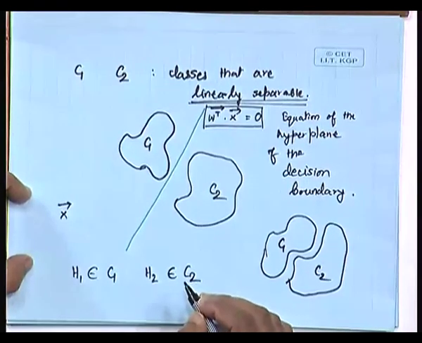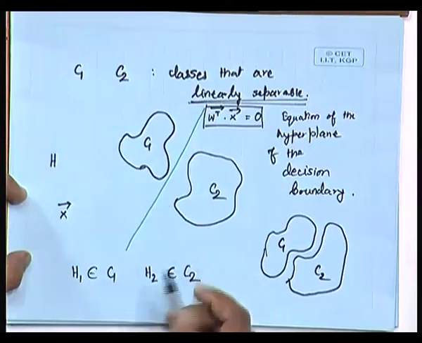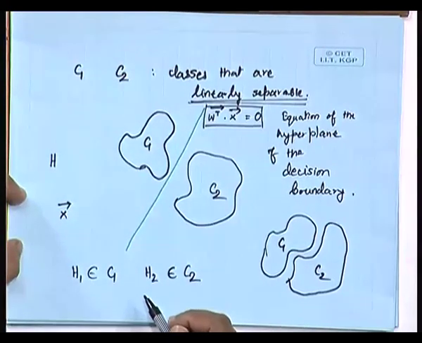Effectively, our training patterns form the class H, which is nothing but the union of H1 and H2. H1 and H2 are subsets of the actual classes C1 and C2, because certainly we are not taking every sample out of the space, we are only taking a subset of that. That is very clear.